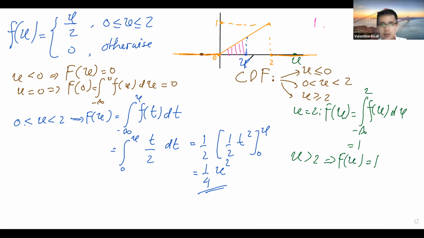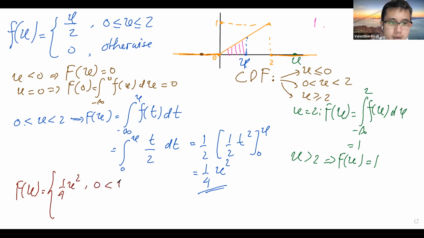Well, in conclusion, the CDF is a quarter x square for x between 0 and 2, 0 for x less than or equal to 0, and then 1 for x greater than or equal to 2. That is the CDF of this problem.